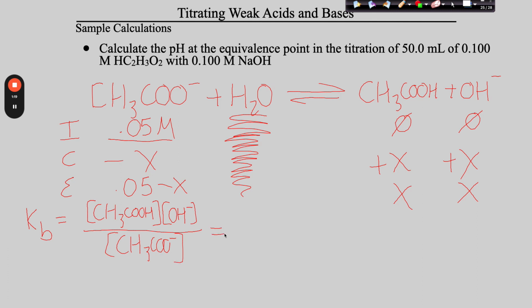All right, guys, where are we going to get Kb for acetate ion? Google. You got to know this. AP equation sheet. No. So guys, here's what we do know.